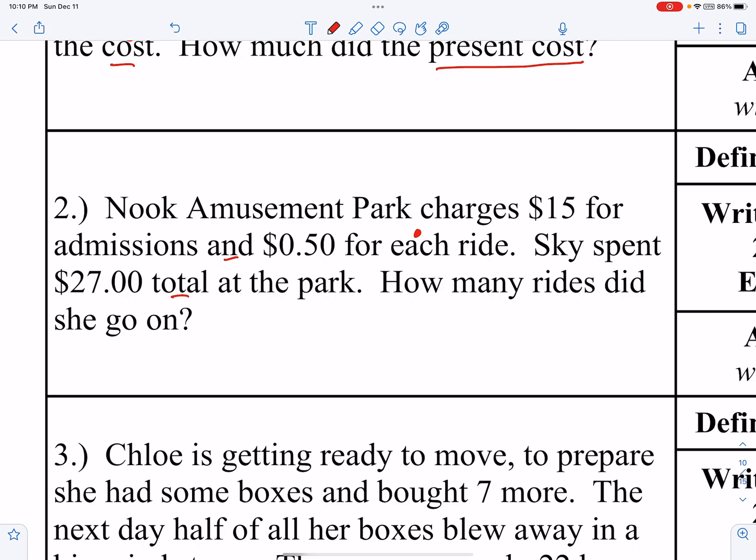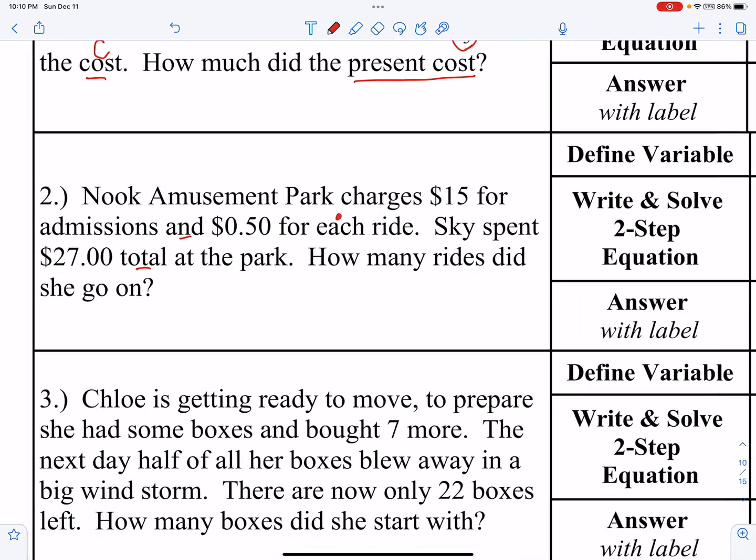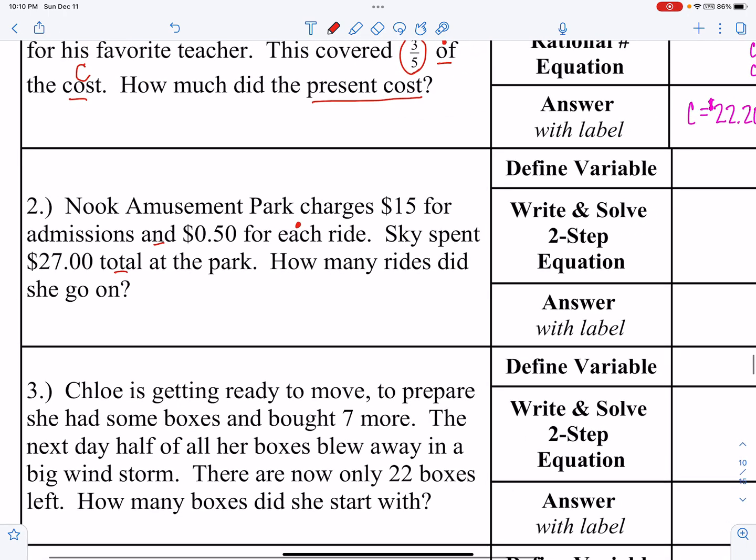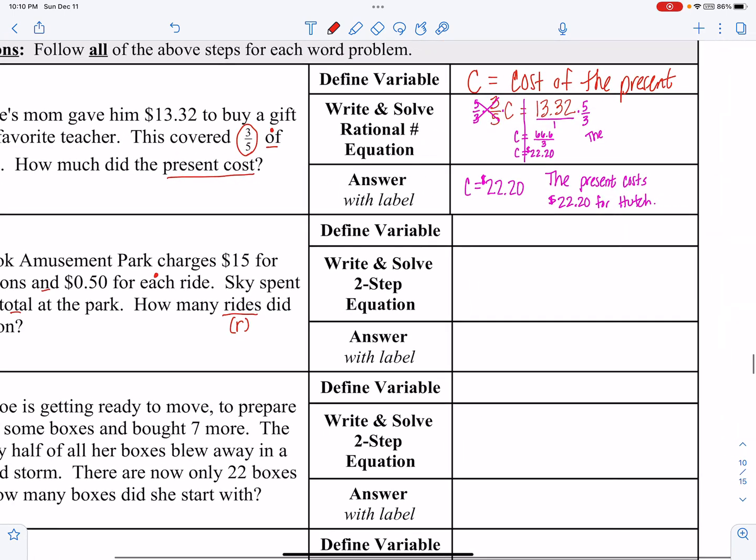So total is going to be either our sum or the product. Something to keep in mind. Let's focus on our question because that identifies our variable. How many rides did she go on? So the question is how many rides. It makes sense for me to use R as a variable for that, and so R will equal the number of rides.